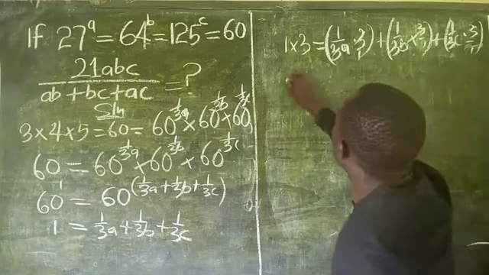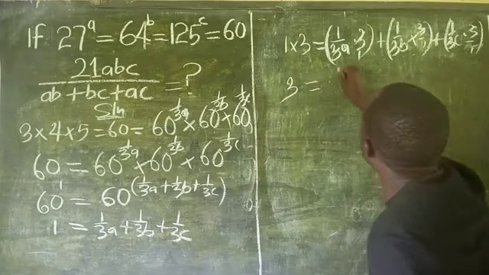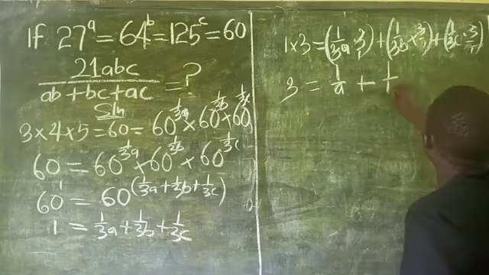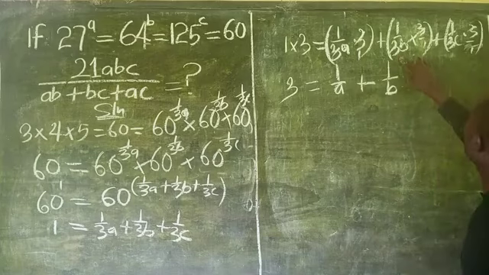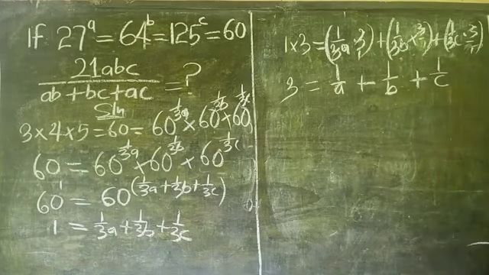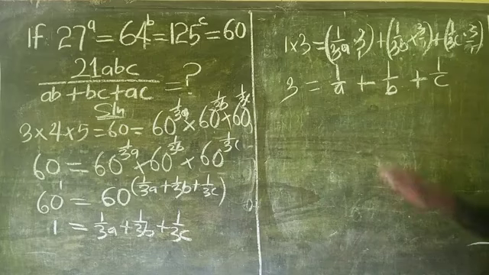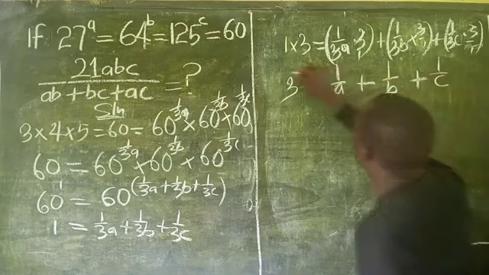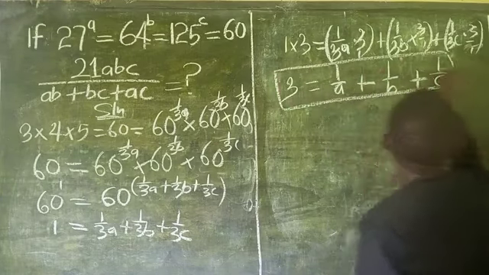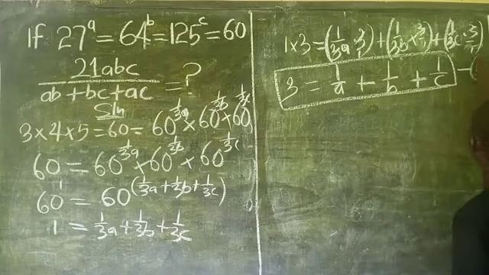And this left hand side will be left with 3 equal to 1 over a plus 1 over b, after the 3 has cancelled out, plus 1 all over c. Let's call this equation b. I will come back to it later.